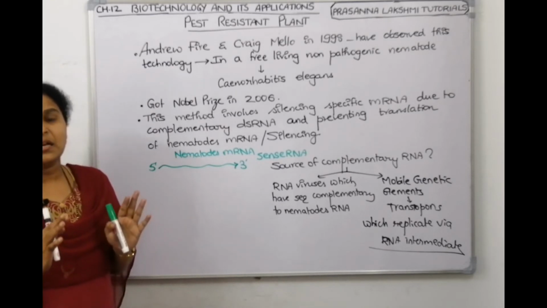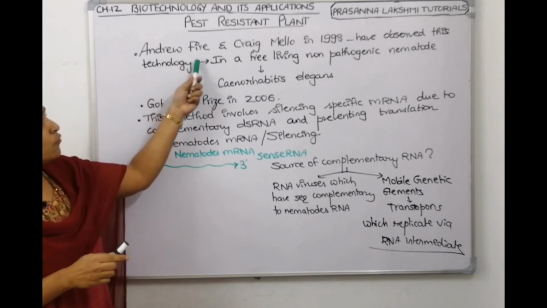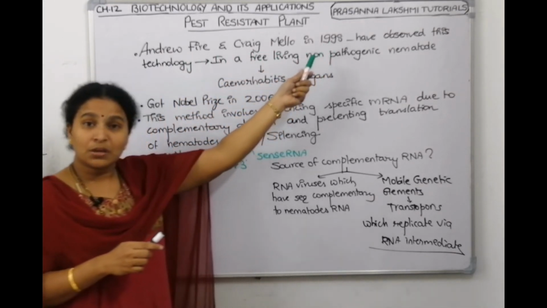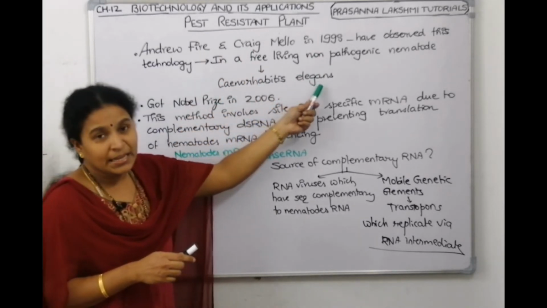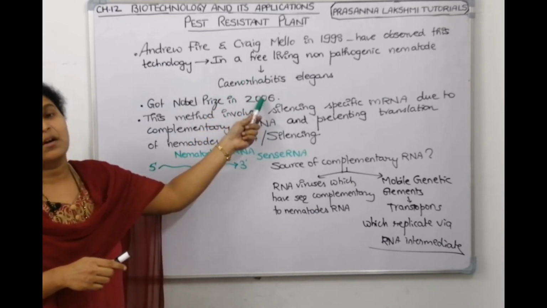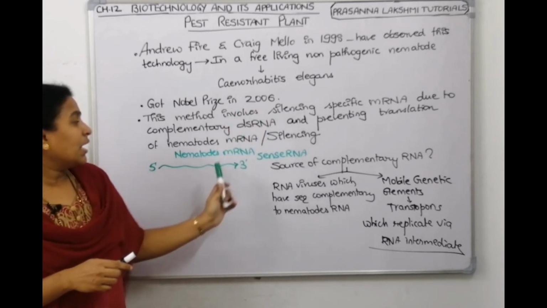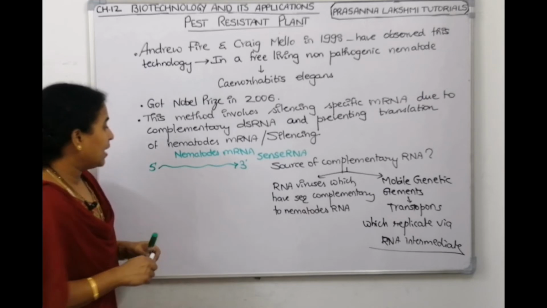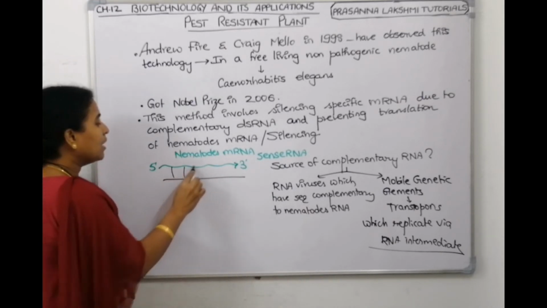What did we see on this board? We are discussing who developed or identified this technology: Andrew Fire and Craig Mello. Which year? 1998. In which nematode? In the nematode called Caenorhabditis elegans. For this, they were awarded the Nobel Prize in the year 2006. What do you mean by silencing? The nematode's mRNA is made silent by giving a complementary RNA.